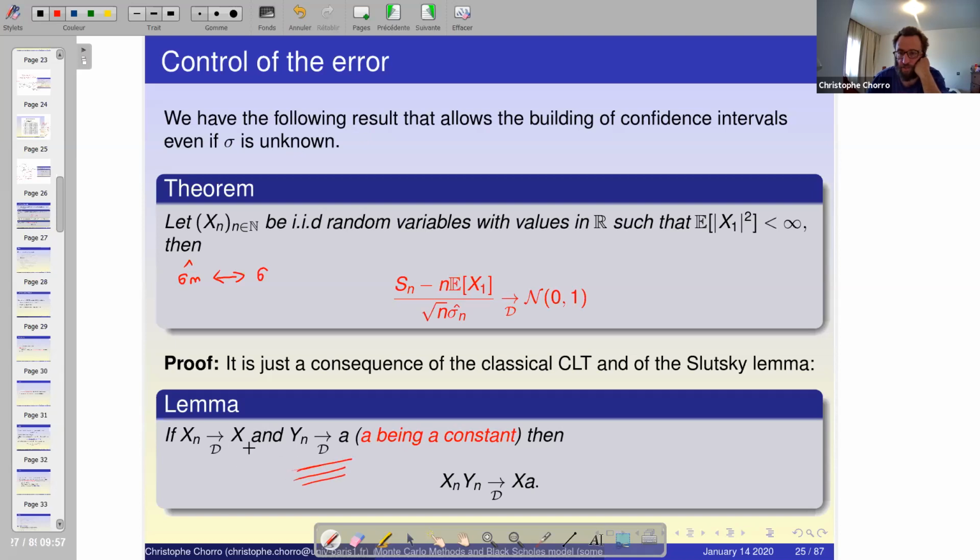It's not that the convergence in distribution is stable by product. No, the convergence in distribution is stable by product if one of the convergences is toward a constant. And here it's exactly what we have, because here I can write my quantity of interest this way.